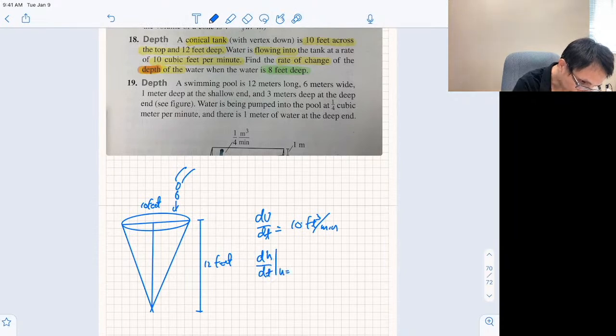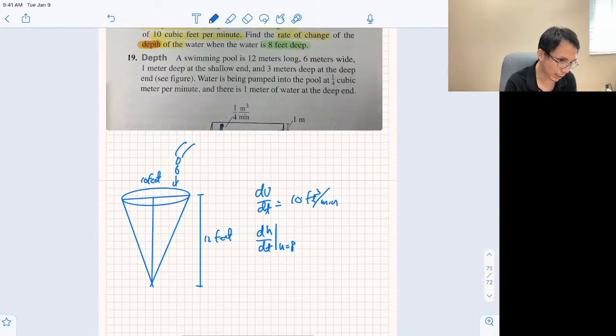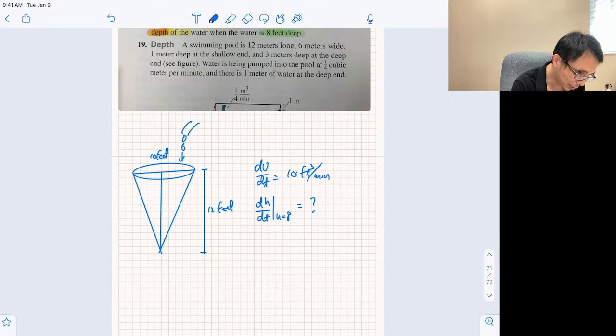When h is equal to 8. Now, there is something that's constant in this case. What are the things that don't change? The cone, right? The diameter and the depth are not going to change. But we want dH/dt when h is equal to 8. Let's figure out the first relationship.